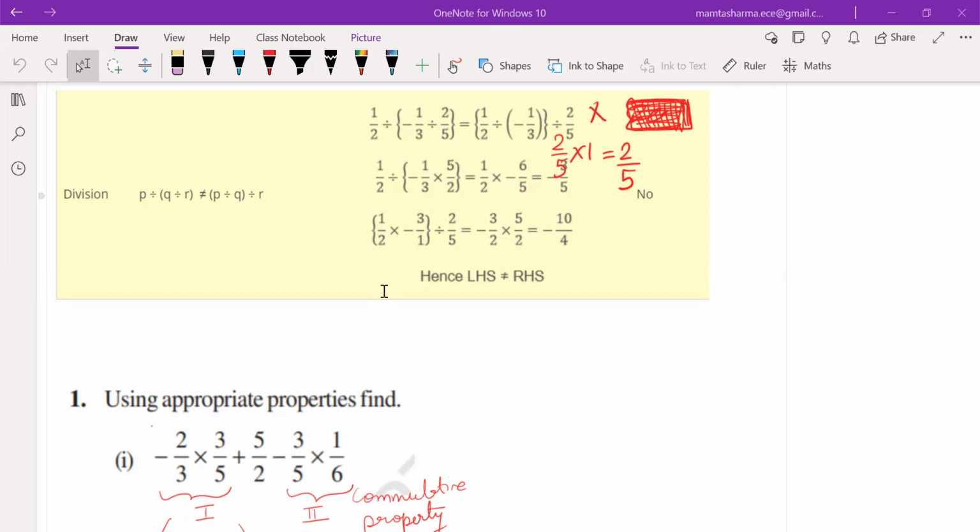Okay, second property is commutative property. Third one is distributive property, and fourth one was.